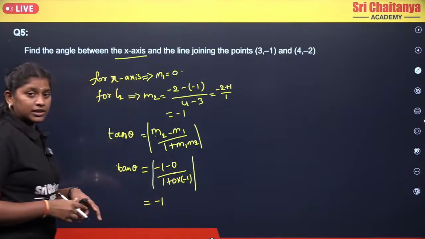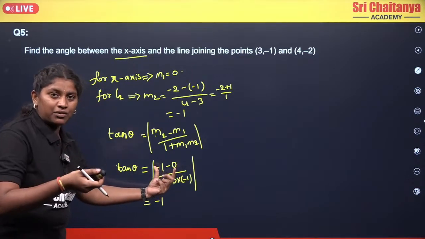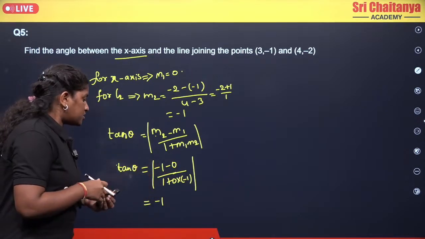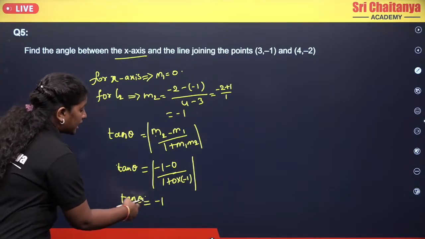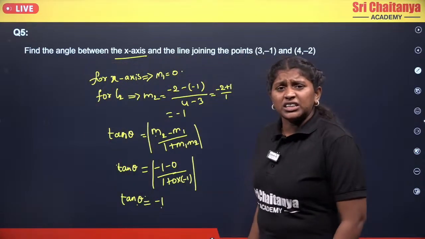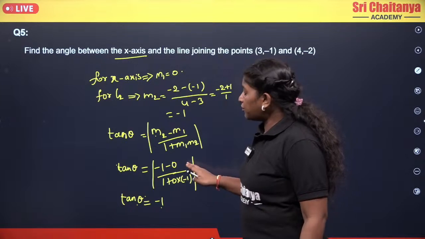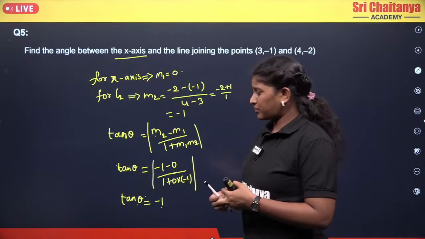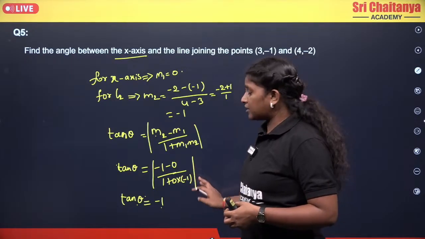If you observe clearly, inside the modulus we got the negative value, right? So with the negative value, we can take tan theta equals -1. Understood? Whatever angle we take, if you need to find the acute angle, then we take the modulus.